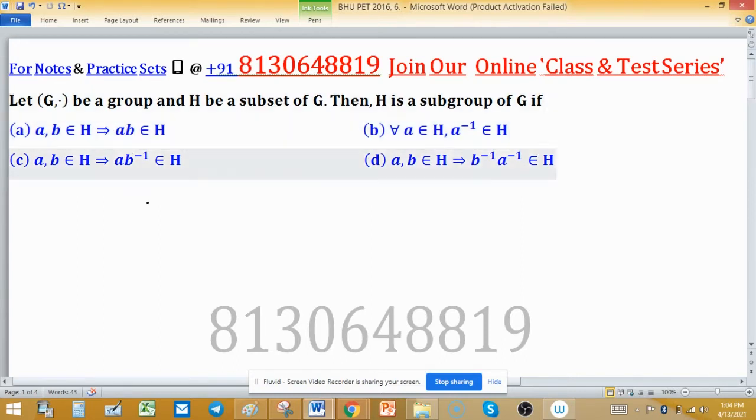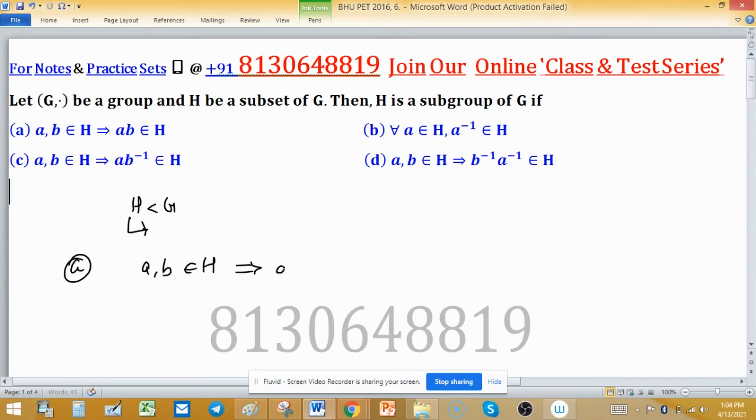Now H is a subset of G, and H will be a subgroup of G when H has the same operation induced from G. For option A, if we pick two elements from H, then ab belongs to H. Only the closure property is satisfied here, but we cannot get inverse and identity using this condition. So option A is not sufficient.